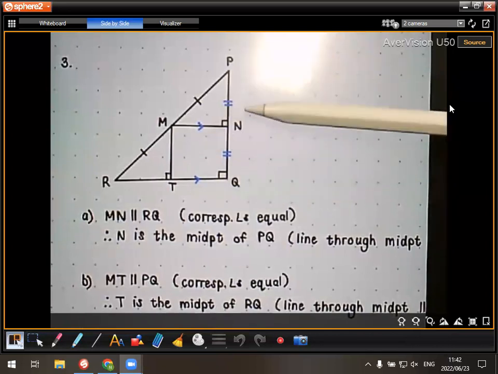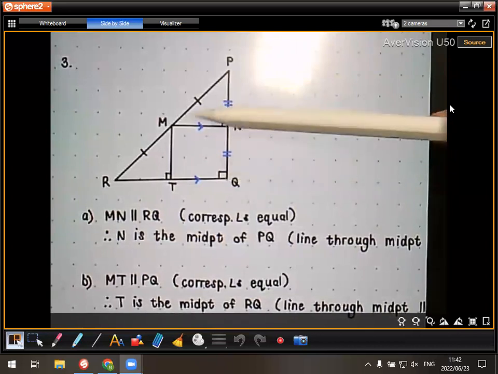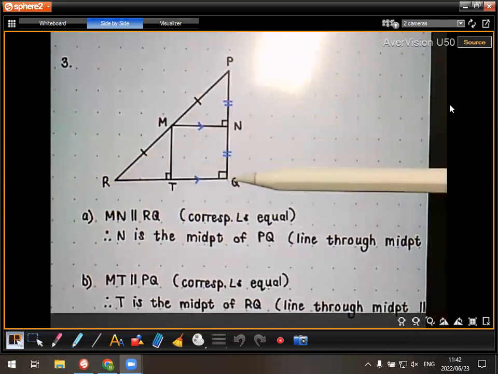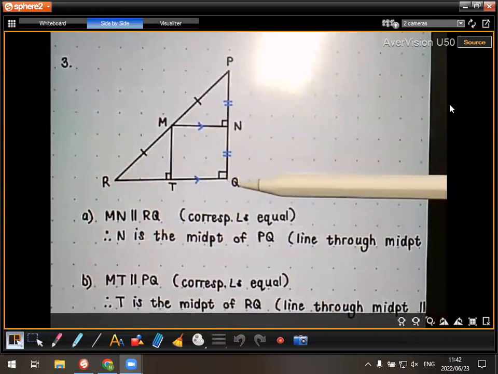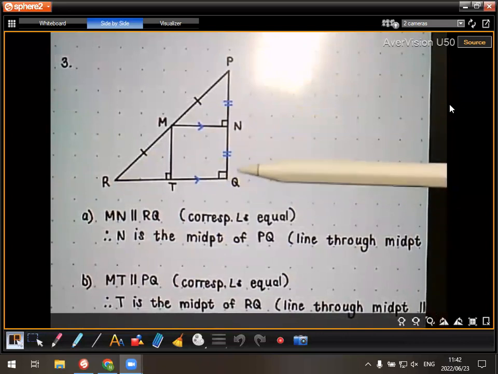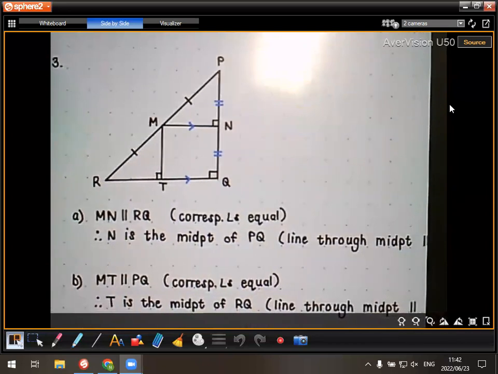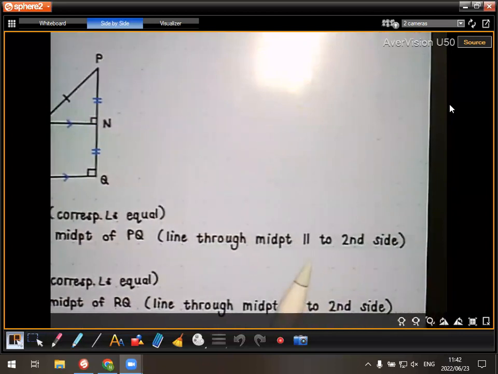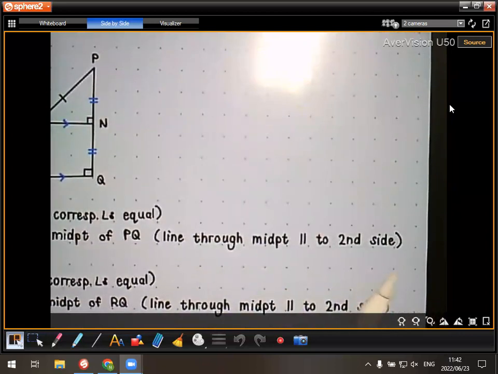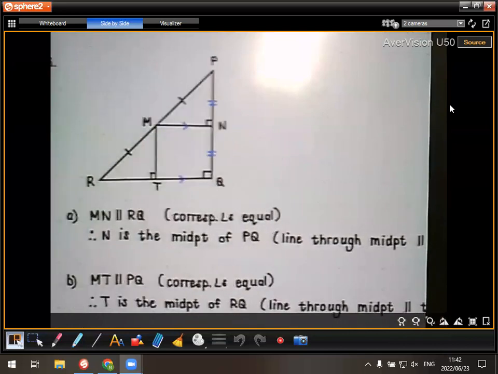So because of corresponding angles being equal, we can say that MN is in fact parallel to QR. So therefore, because of converse midpoint theorem, N will be the midpoint of EQ. So just that reason is there on the side of the whole thing. All right, line through midpoint parallel to second side.